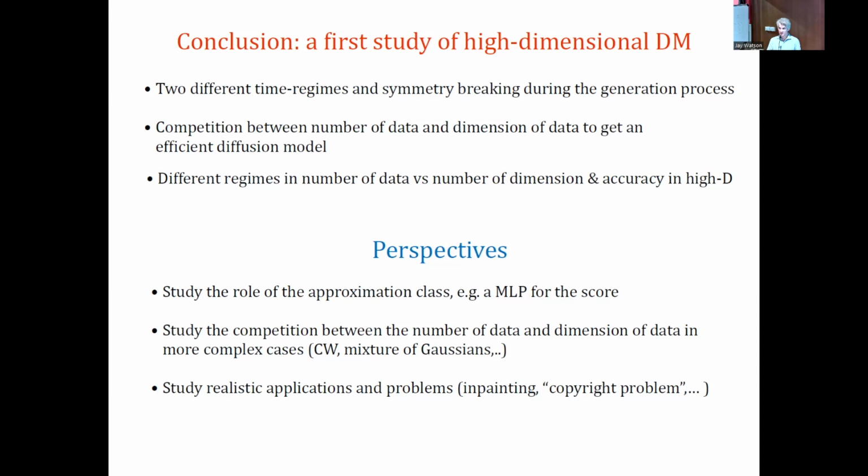Yeah, I think it's the time in which you have a blurred image. This time scale is more related to the copyright problem, in the sense that there is a time at which you realize that your distribution just makes an average over the training set, and this typically is an extremely small time. So they're really different.